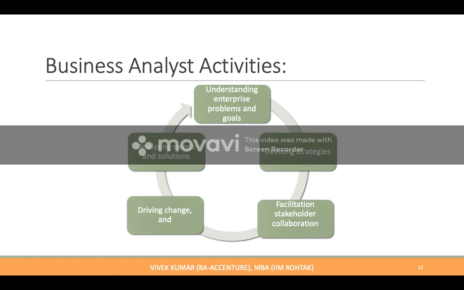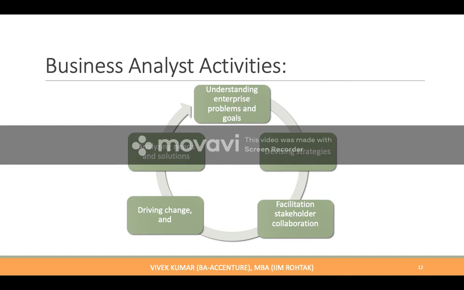Then we have the facilitation of the stakeholder and collaboration between the stakeholders. What is a stakeholder? A stakeholder is any person who is able to either contribute in the project or who might get impacted by the outcome of the project.